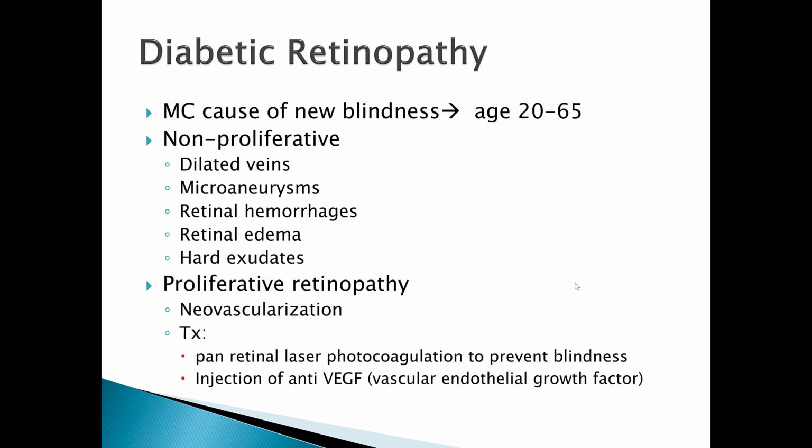So a lot of people will think that you say, when was the last time you had an eye exam? And they'll say, oh, well, when you just checked my visual acuity.